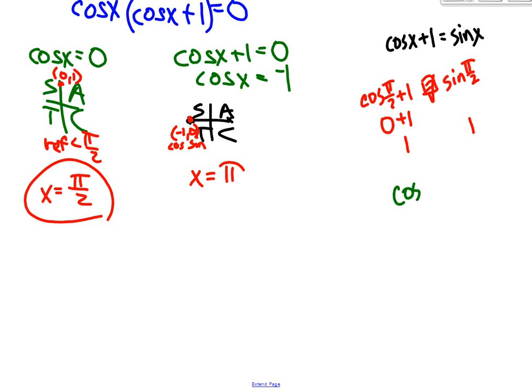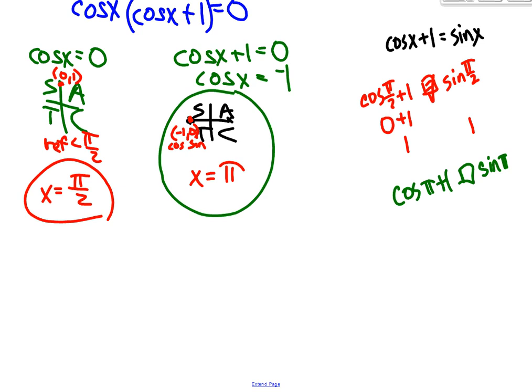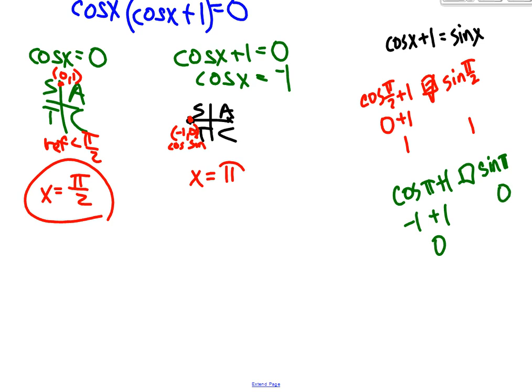And then cosine pi plus 1, and I want to see how that relates to sine of pi. And since I have my picture right here, I can just look at that and say, well, the cosine of pi is -1. Plus 1, and that's 0, and the sine of pi would be 0, so that's equal, and it works.